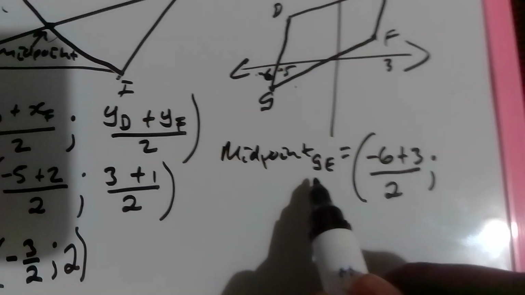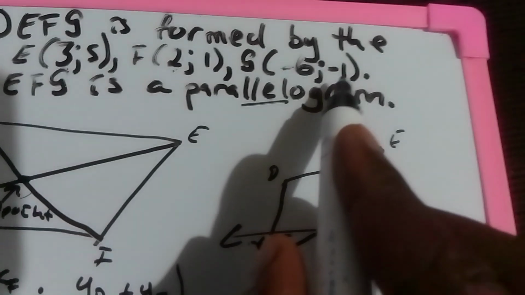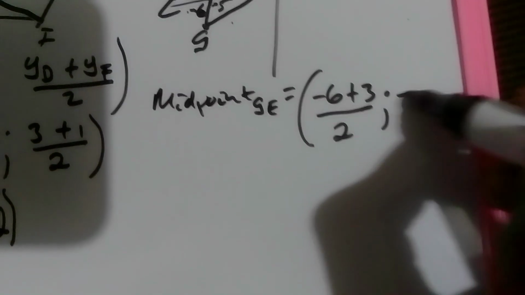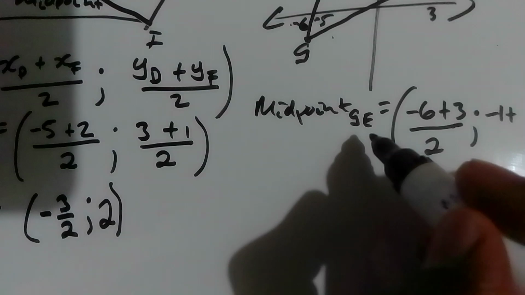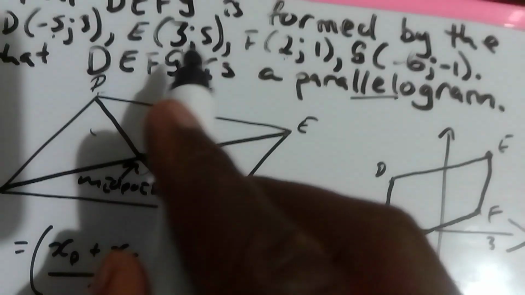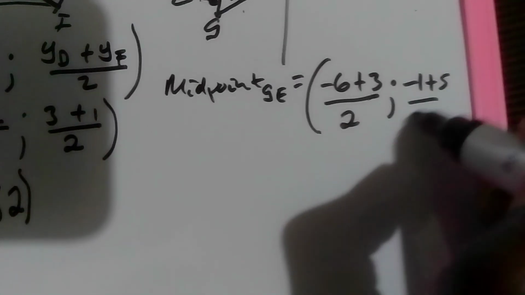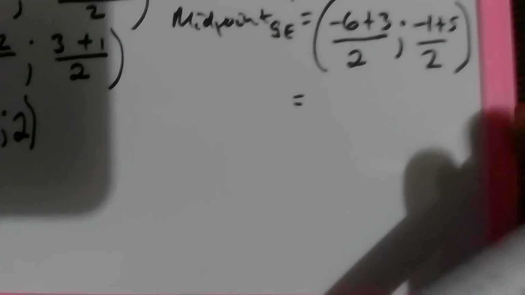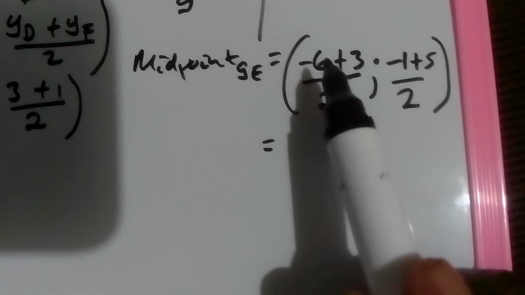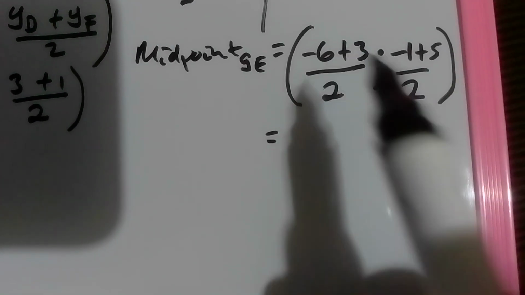Then the y-coordinate at point G is negative 1, plus the y-coordinate at point E, which is 5, all over 2, like that. Now negative 6 plus 3, I get negative 3.